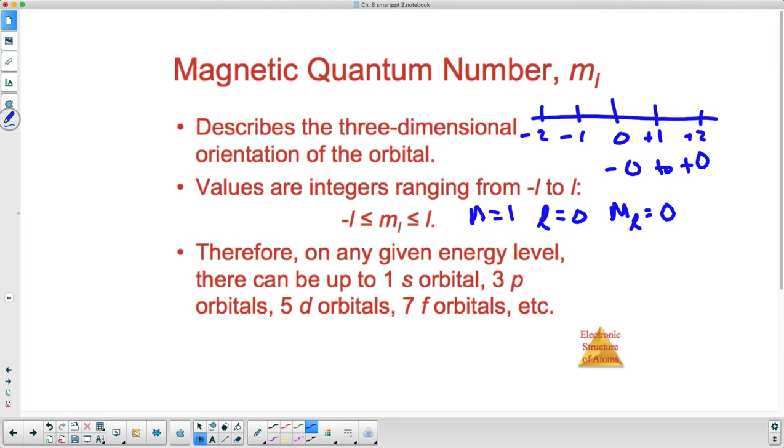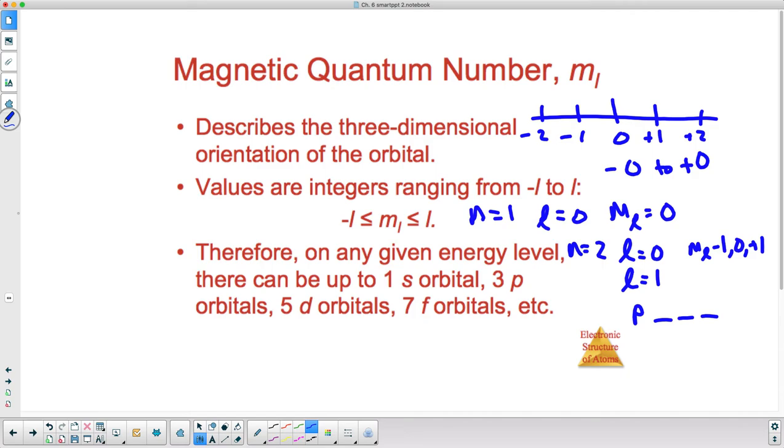If I'm going from n equals 2, well then I can also have an L equal to 0, but I can also have an L equal to 1. And then that would be an m sub L of -1, 0, and +1, those three. Okay, so what is L with 1? L with 1 is P, and we know that P has 3 orbitals.